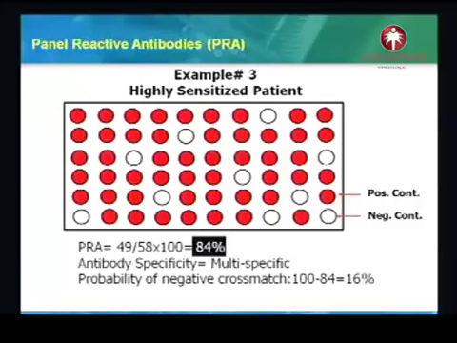In this case, all we can say is that this patient is sensitized and the specificity is multispecific or broadly sensitized. Because most of the wells are reacting, we don't have anything to rule out or rule in as an antibody present or absent. And the probability of a negative cross-match for this highly sensitized patient is low. It is 16% only.